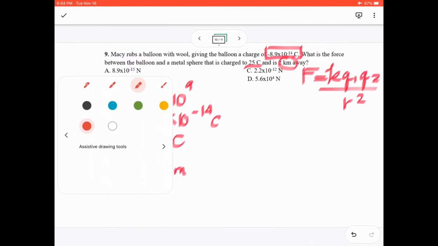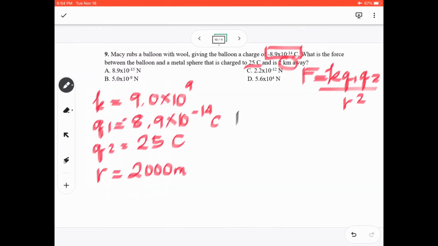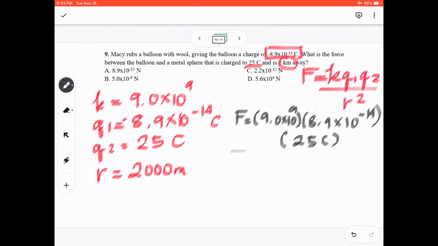Applying the formula, we are going to substitute the numbers now. K is 9.0 times 10 raised to 9, multiply to Q1, which is 8.9 times 10 raised to negative 14, multiplied to 25 coulombs, divided by the R, which is 2,000.